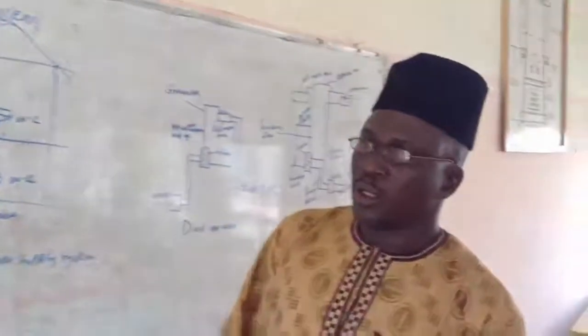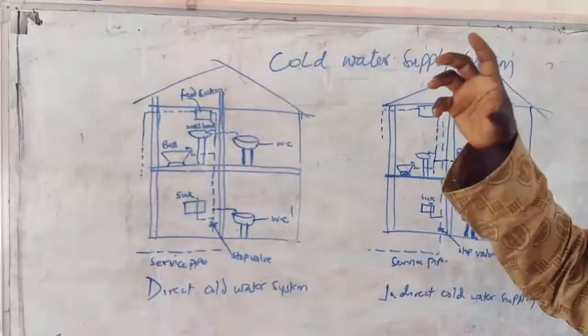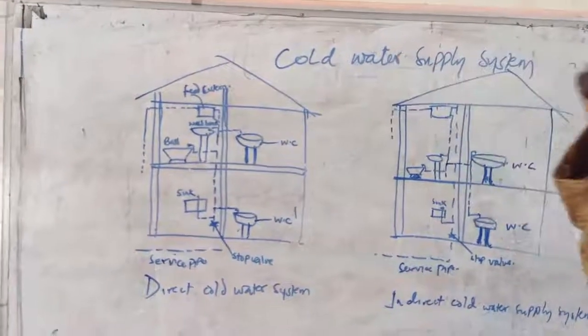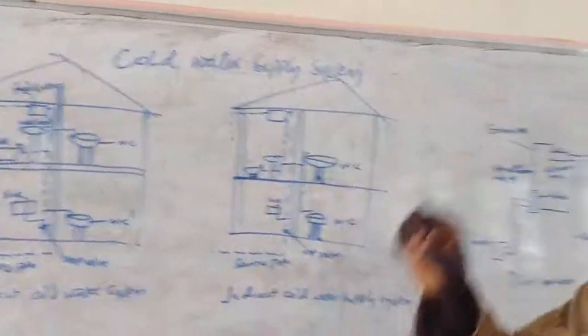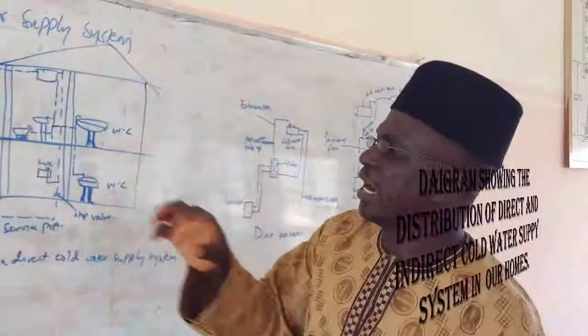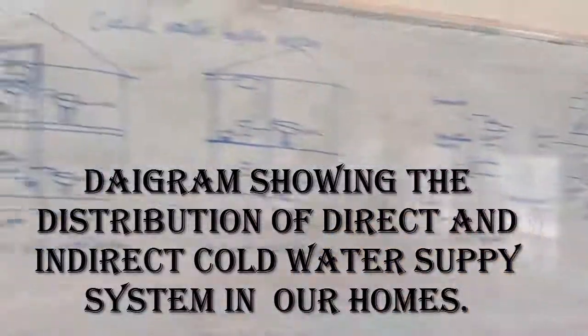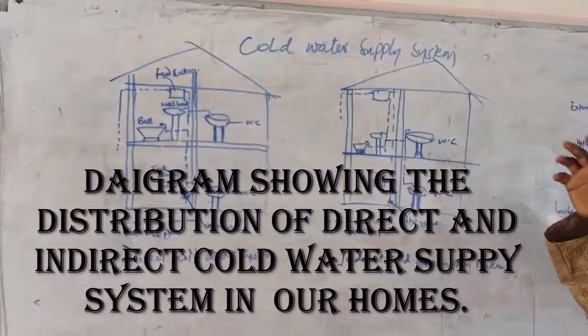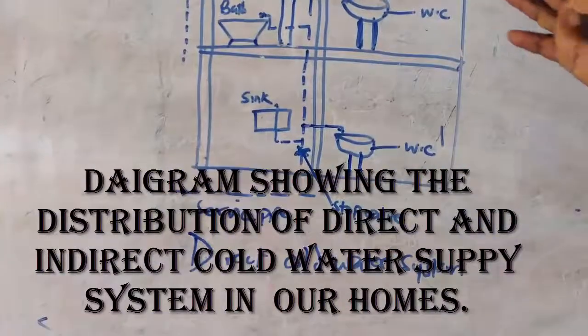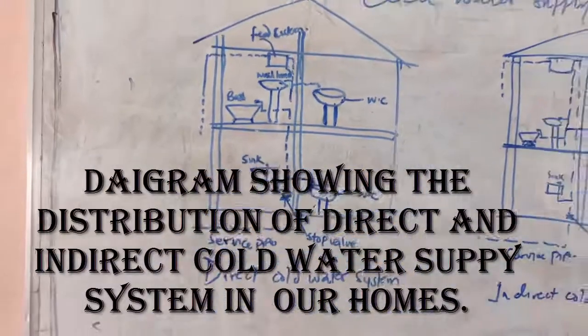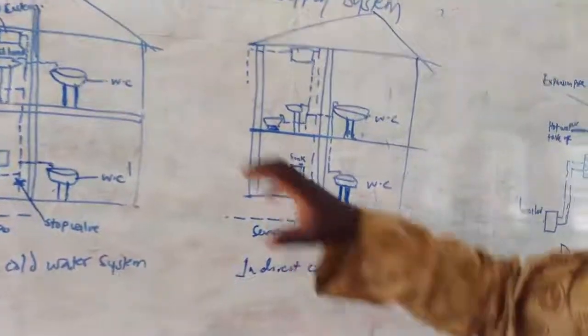Okay, this is what we are going to see in the clip here. The clip is going to describe a diagram of direct cold water supply and also indirect cold water supply. You have seen the diagram here on the board.